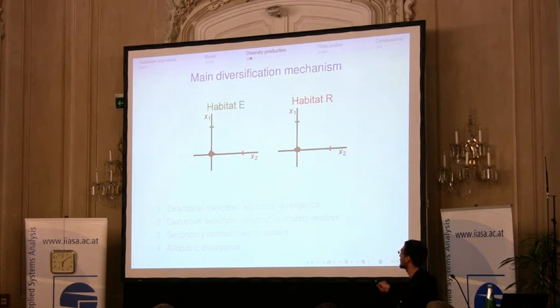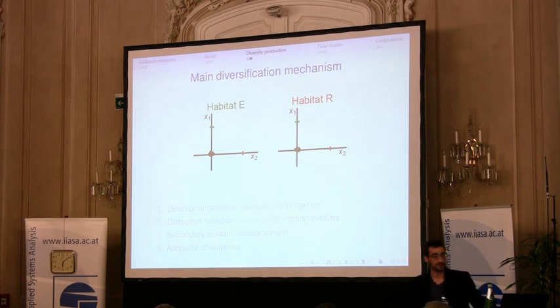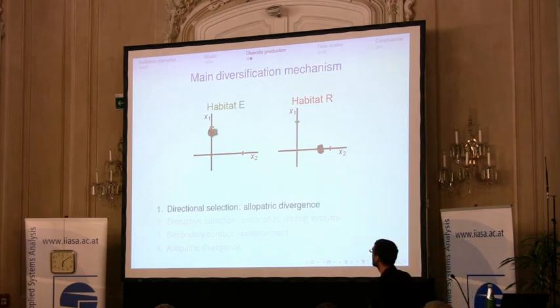So I remind you that the 2 axes, x1, x2, are the 2 components of the ecological trait. So the first step of the diversification mechanism is allopatric divergence in each of the allopatric sites.